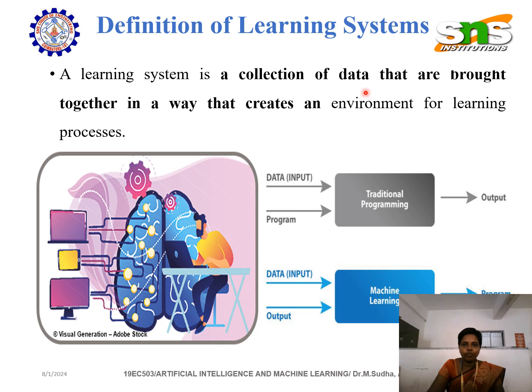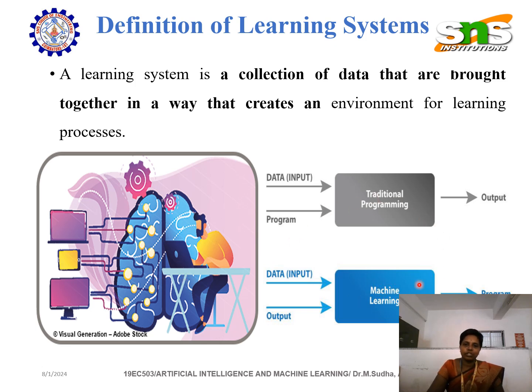It is a collection of data, collected from the human brain, that is neurons, mimicking human intelligence, brought together in a way that creates an environment for the learning process. The gear symbol represents rules and algorithms. From human intelligence we collect the data, then we train the machines and computers for the learning process. This is the definition of a learning system in terms of machine learning.